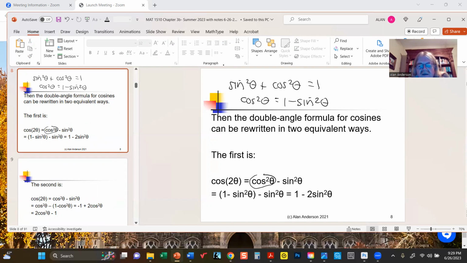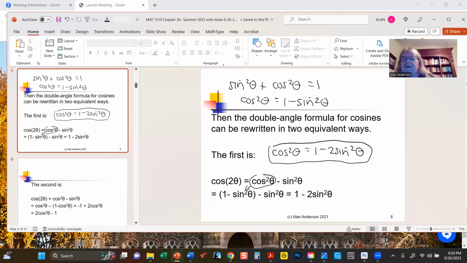And if you do that, you'll see that the entire expression is all in terms of sines. So the cosine of 2 theta is equivalent to 1 minus 2 sine squared theta. It may not seem like it, but this may be able to help us when we work on trig integrals.